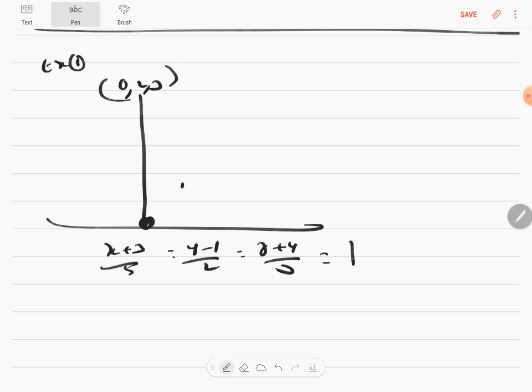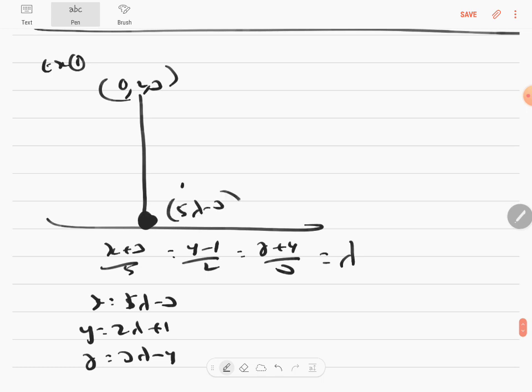You normally mark it as lambda, so x is equal to 5 lambda minus 3, y is equal to 2 lambda plus 1, z is equal to 3 lambda minus 4. Thus you get this foot of the perpendicular to be 5 lambda minus 3, 2 lambda plus 1 and 3 lambda minus 4, and hence you can find this vector now because you know the foot now.